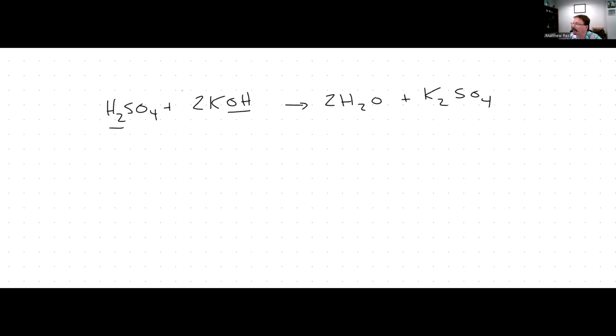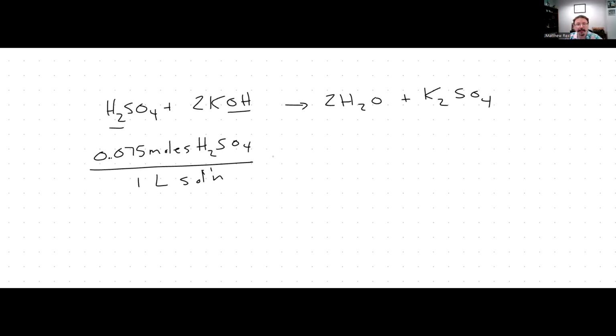Now we have enough information about the acid to figure out how many moles of that acid we have. We're given the molarity. It's 0.075 molar, which means there's 0.075 moles for every 1 liter of solution.